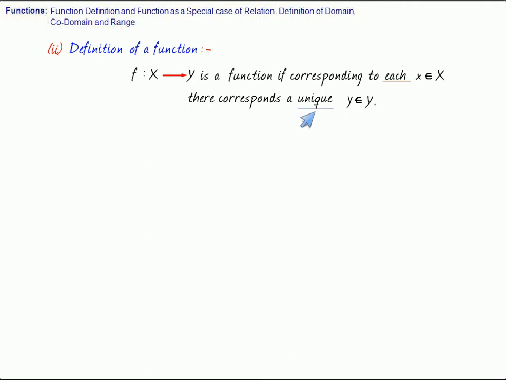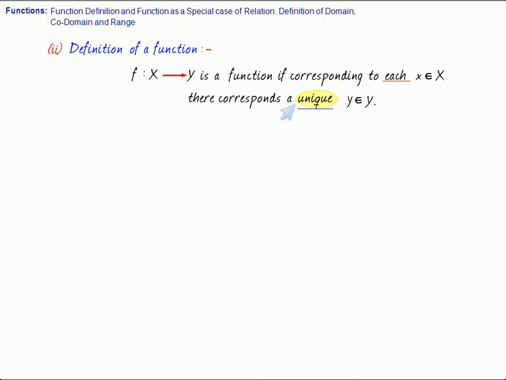So two things are important in the definition of a function, each and unique. Every element should have an image, and this image should be unique. We will define image in due course, with various terms on functions.